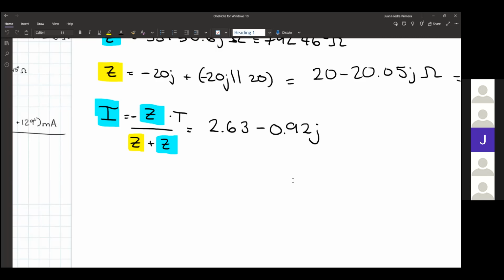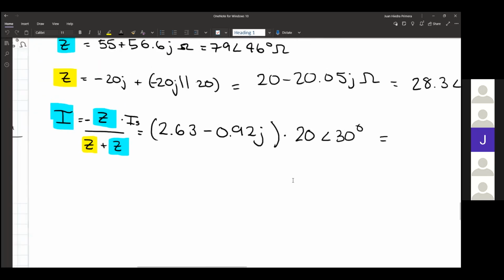We have to multiply this with the current from the source. So the current from the source is 20 angle 30 degrees. Get that number for you, 20 angle 30.